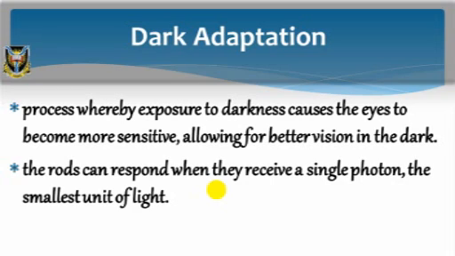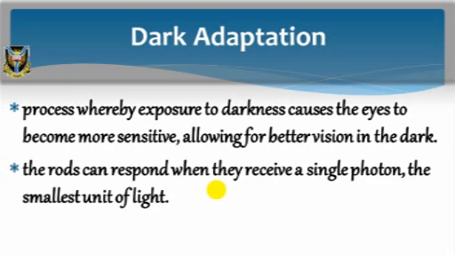In fact, after 30 minutes in the dark, you are about 100,000 times more sensitive to light than you are during full daylight. In ideal conditions, the rods can respond when they receive a single photon, the smallest unit of light. This process is called dark adaptation.